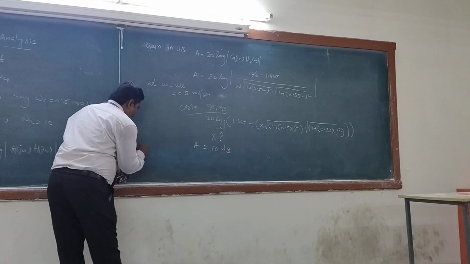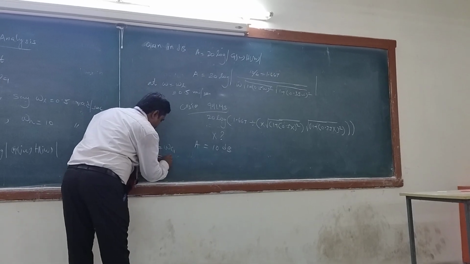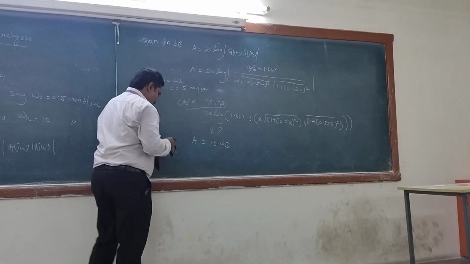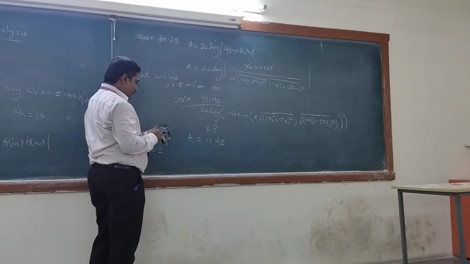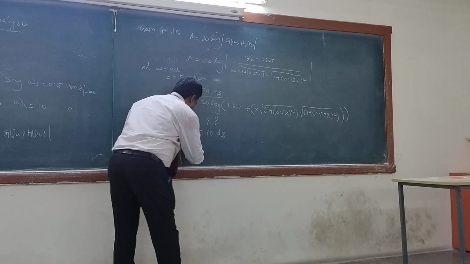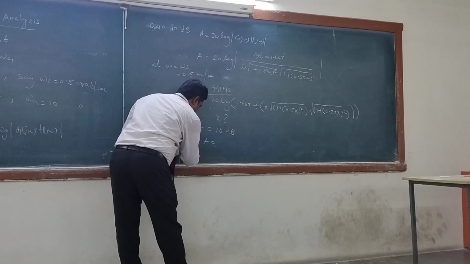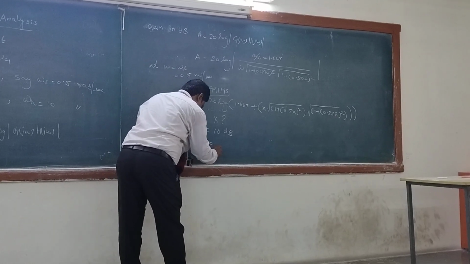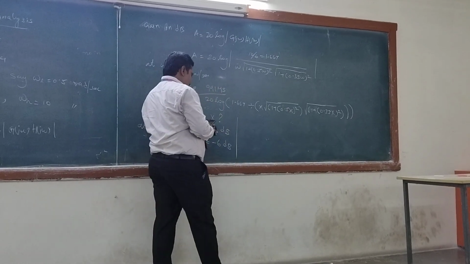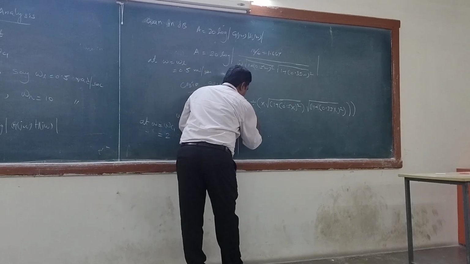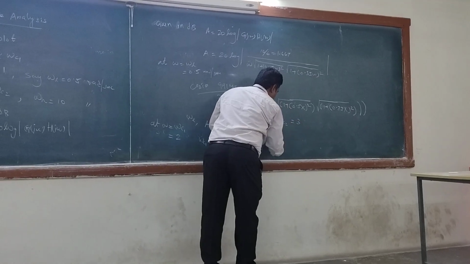Similarly, at omega is equal to omega c1, so omega c1 is 2. Now substitute 2 and press equal. You will get the corresponding gain. This is for omega l, this is for omega c1: for 2 the corresponding gain is minus 6 dB. Next, at omega is equal to omega c2, that is 3 radian per second.